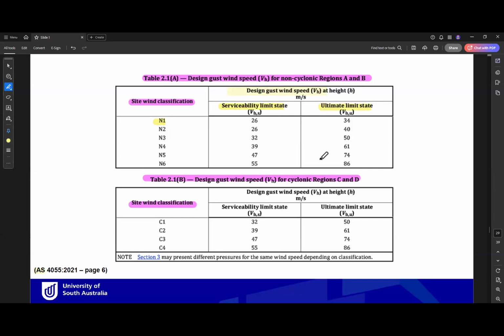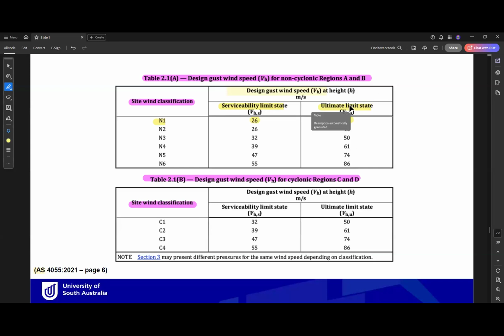So in your calculation, you will need to find 2 values. These 2 values are 26 meters per second for serviceability. Ultimate is 34 meters per second. So the design gust wind speeds are 2 values, one for serviceability and one for ultimate.